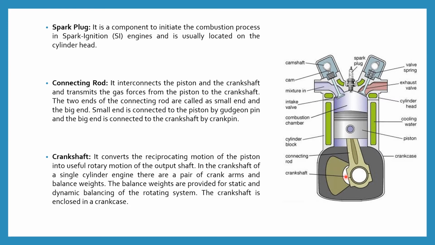The two ends of the connecting rod are called the small end and the big end. Small end is connected to the piston with the help of the gudgeon pin or the piston pin, and the big end is connected to the crankshaft with the help of the crank pin.